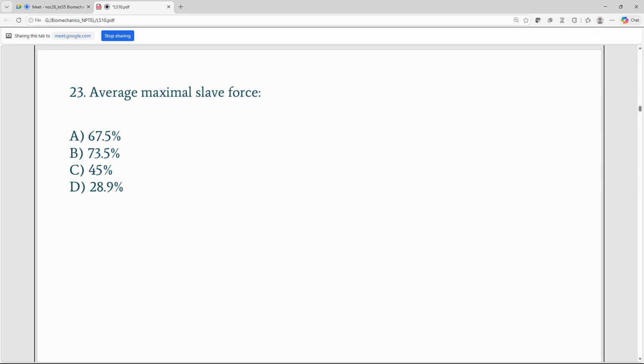Option D, 28 percent. What was the average maximum force that slave fingers could produce as a result of the enslaving effect? Option A, 67.5 percent of maximal force.